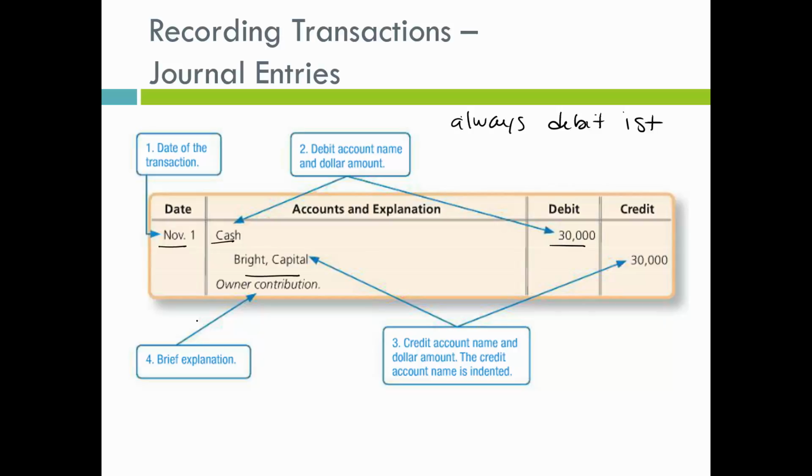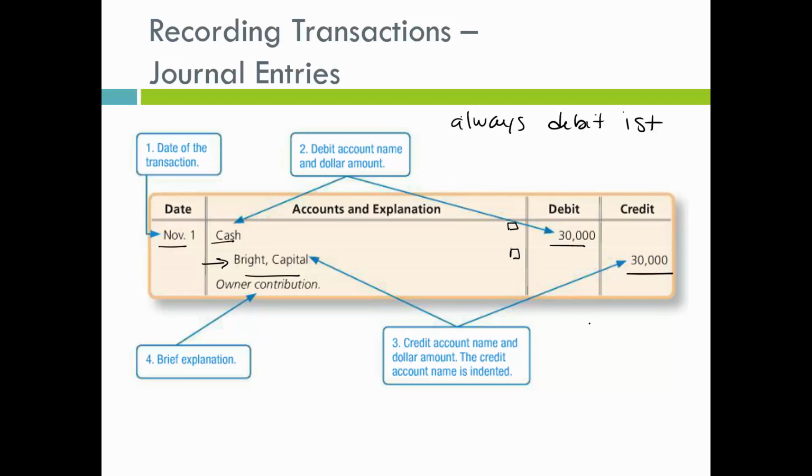Then I indent and put the second account that's affected, the credit, over here. When you're putting them in MyLab, you'll be selecting from little drop-down menus, and once you put it on the credit side and hit enter, it will automatically indent that for you. So you don't have to worry about that.